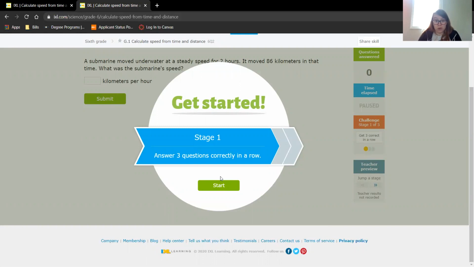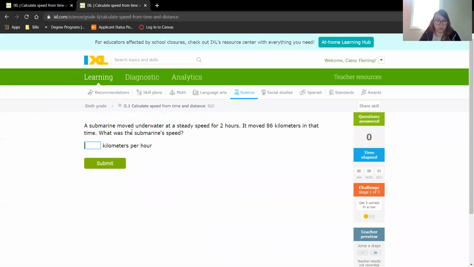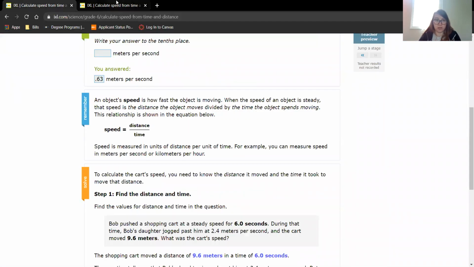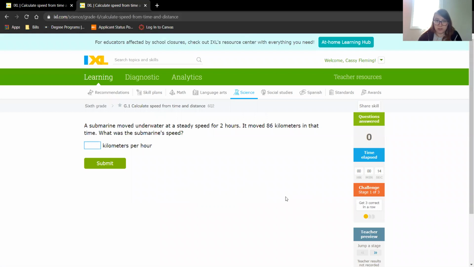So here we go. A submarine moved underwater at a steady pace for 2 hours. It moved 86 kilometers in that time. What was the submarine's speed? So again, we have to do distance by time. Our distance is 86 kilometers.